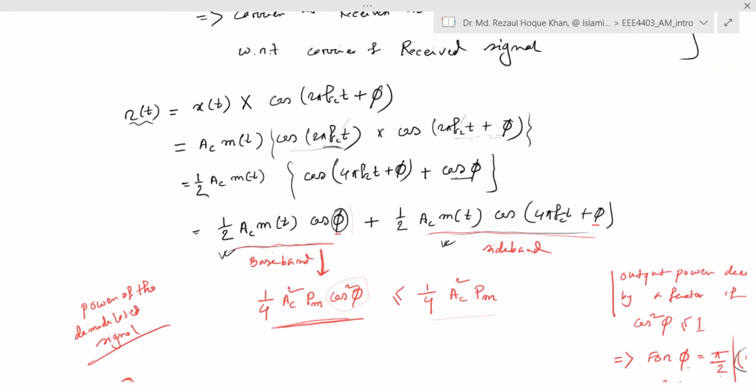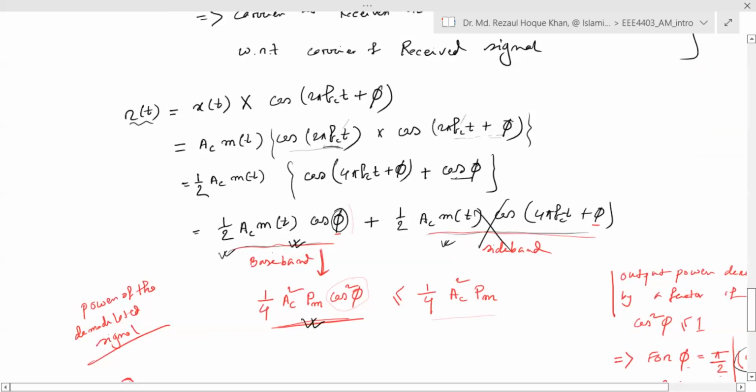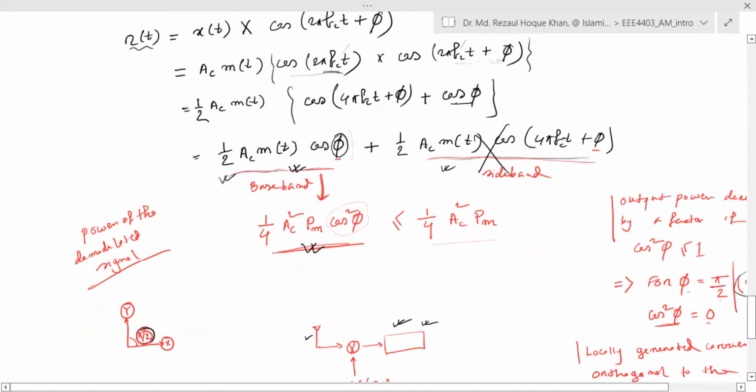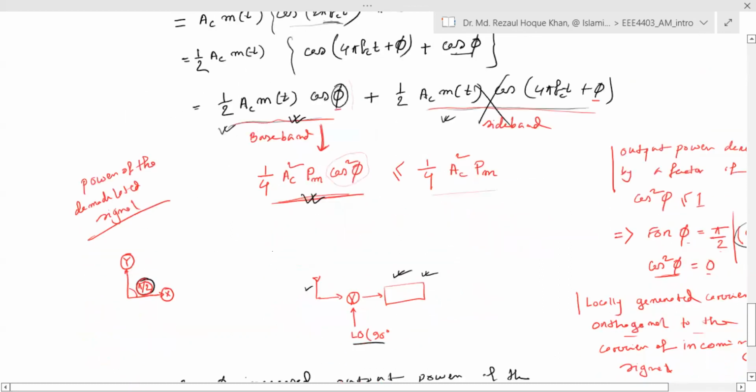Because only the baseband is filtered out by the low pass filter, this portion will be omitted. So we consider the power, the square of this equation, and we only took the power of this baseband signal, the output power.